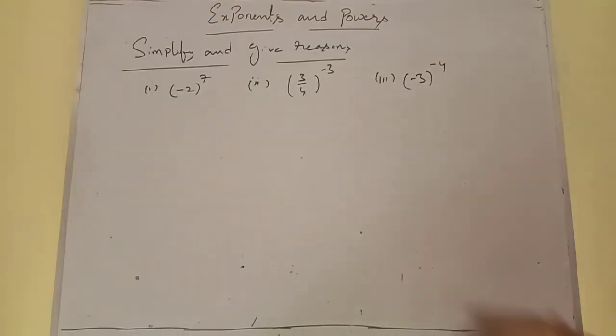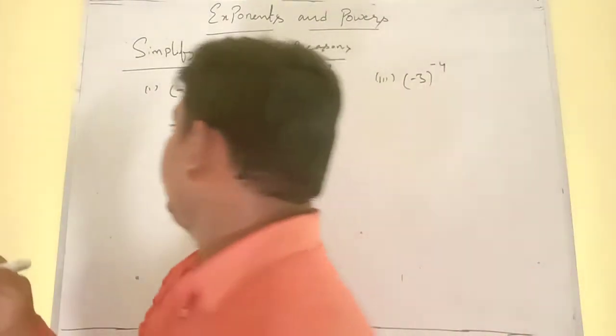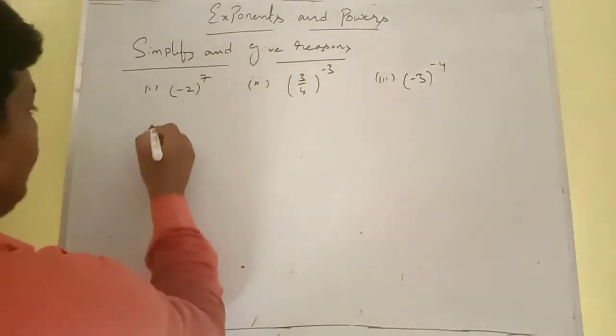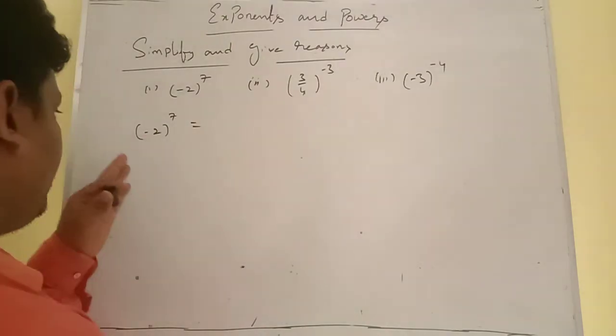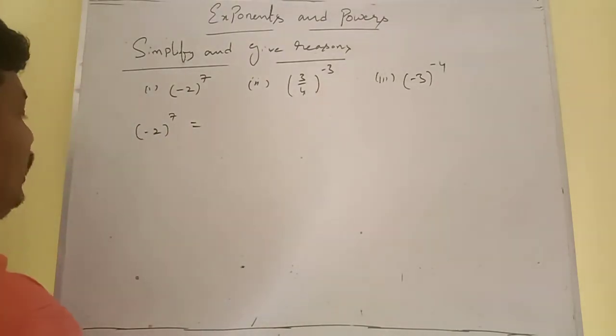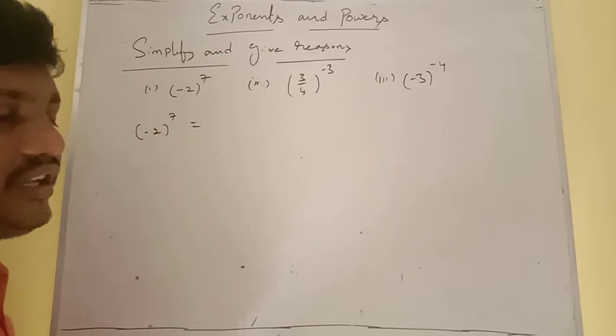Now you can see: simplify and give the reasons. From the first question, minus 2 whole to the power of 7. We know that minus 2 is the base and 7 is the exponent.